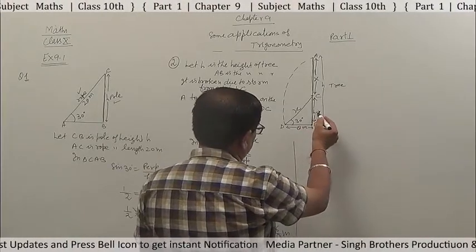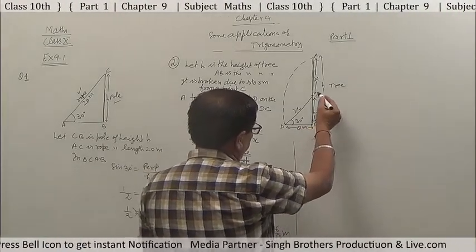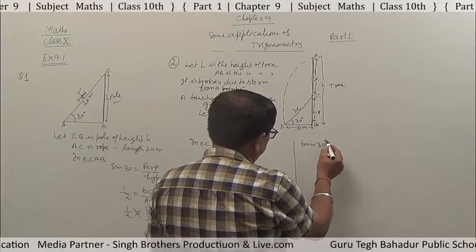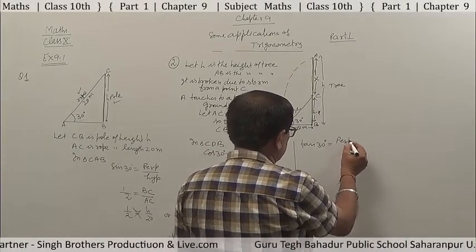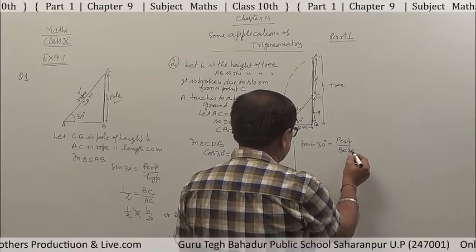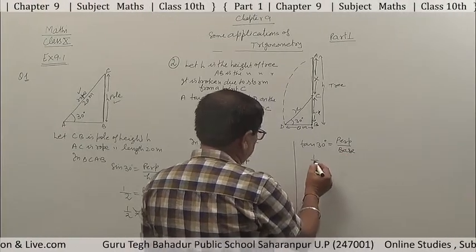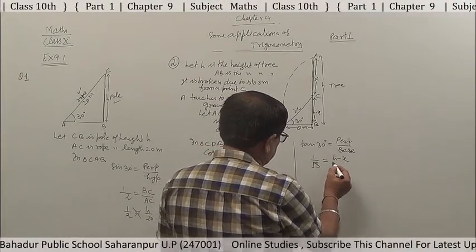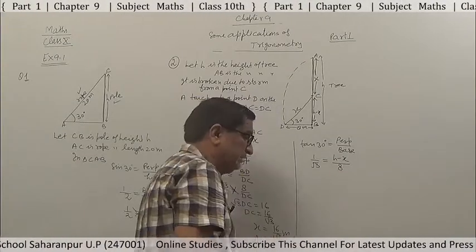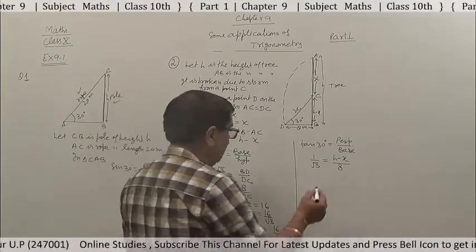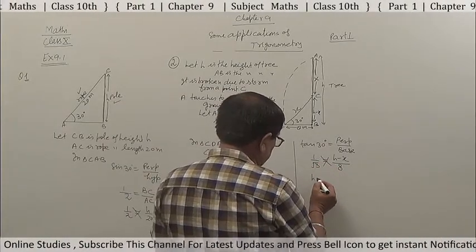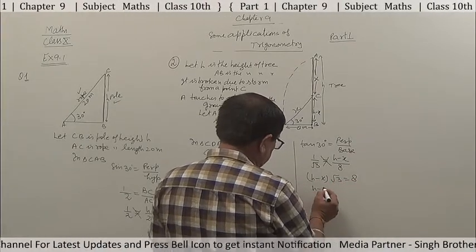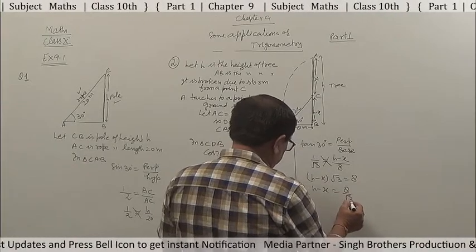In this triangle also base is given to you, perpendicular is to be taken. So we will take tan 30, perpendicular upon base. Tan 30 is 1 upon root 3, perpendicular is h minus x, base is 8. Cross multiply, h minus x root 3 is equal to 8, h minus x is equal to 8 upon root 3.